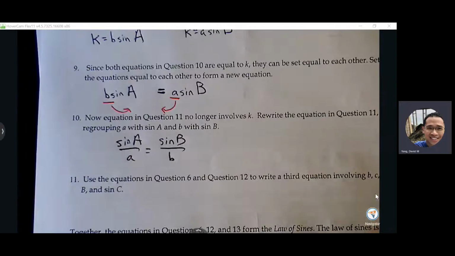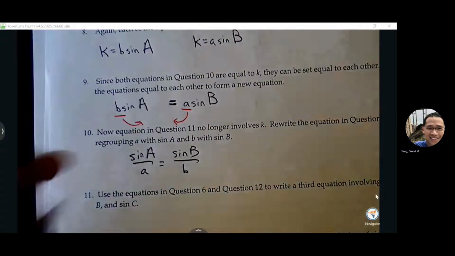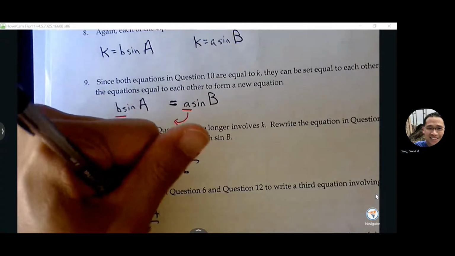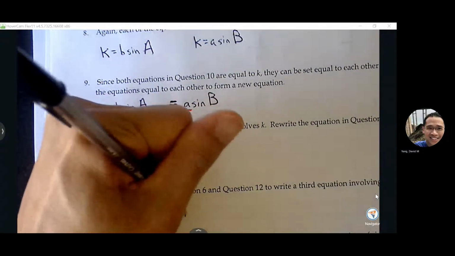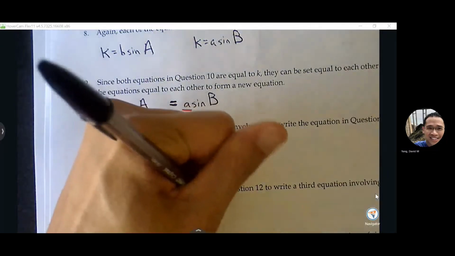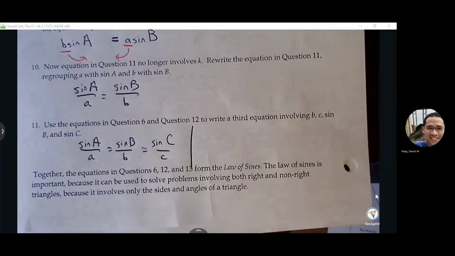So if sine A over A equals sine B over B, and sine A over A equals sine C over C, then we can just set them all equal to each other. So this is what we call the law of sines.